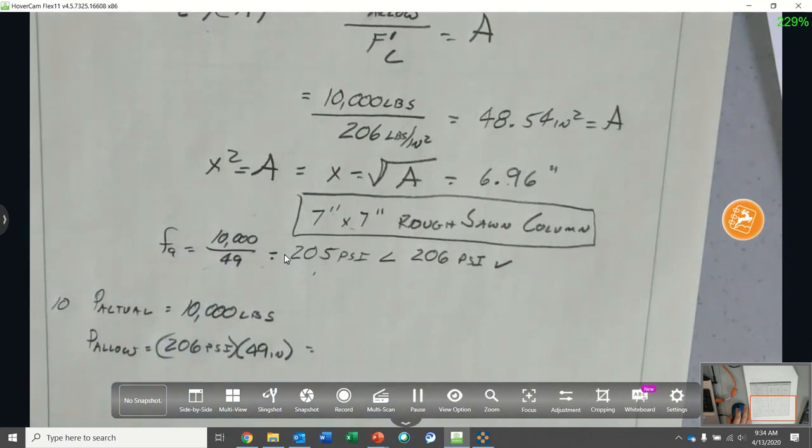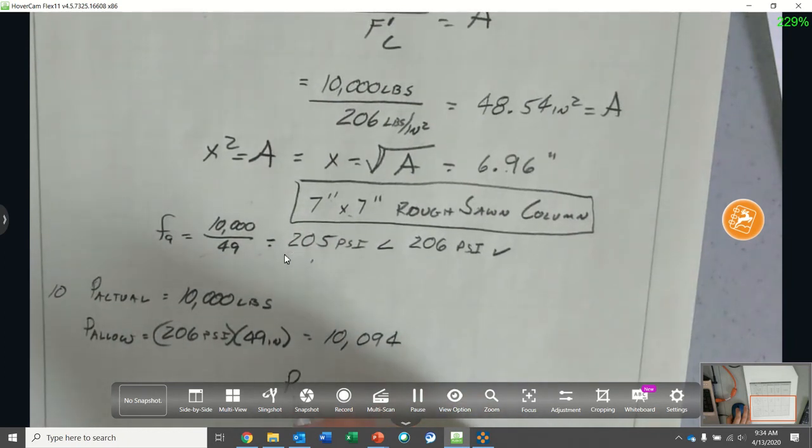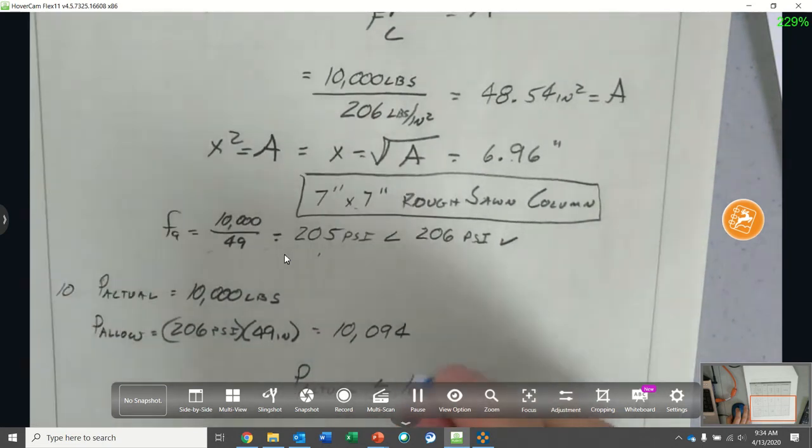So 206 times 49 is 10,094. So my P actual is less than or equal to my P allow.